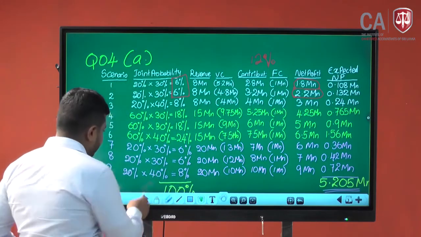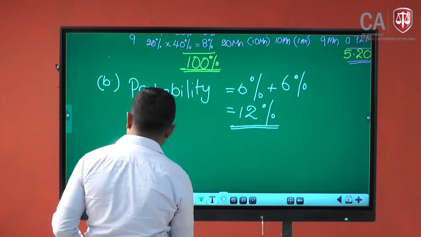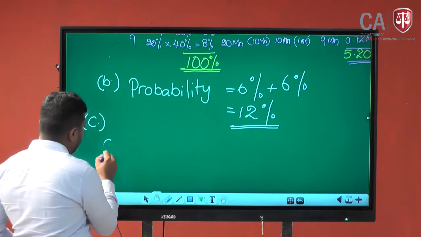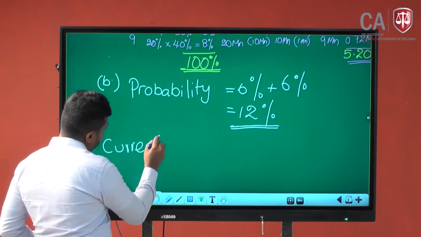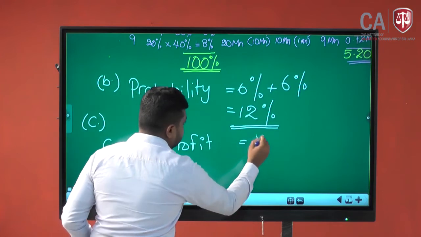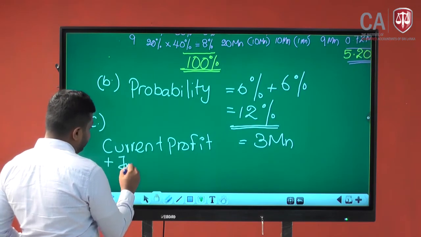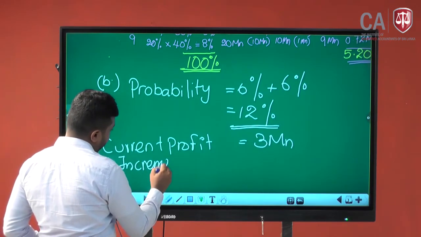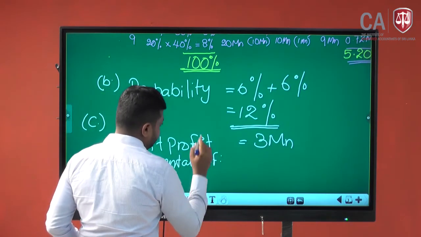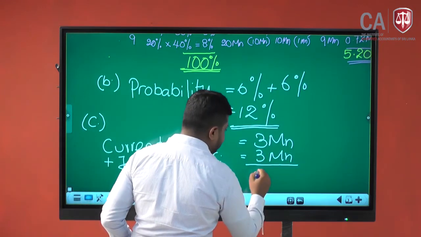Okay. If I work that out, part C: current profit 3 million plus incremental profit 3 million, then total 6 million.